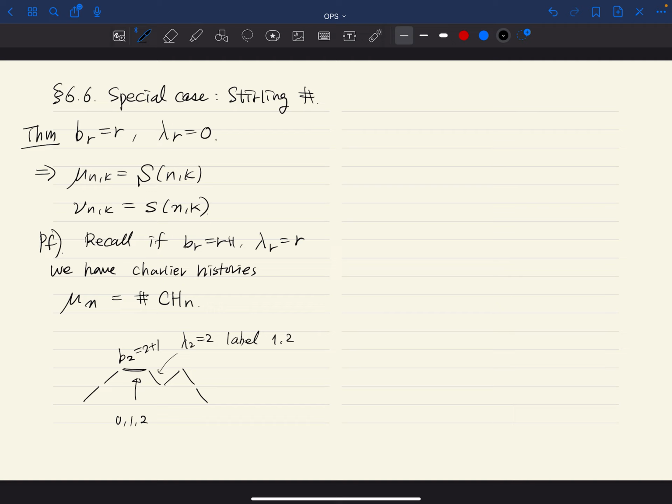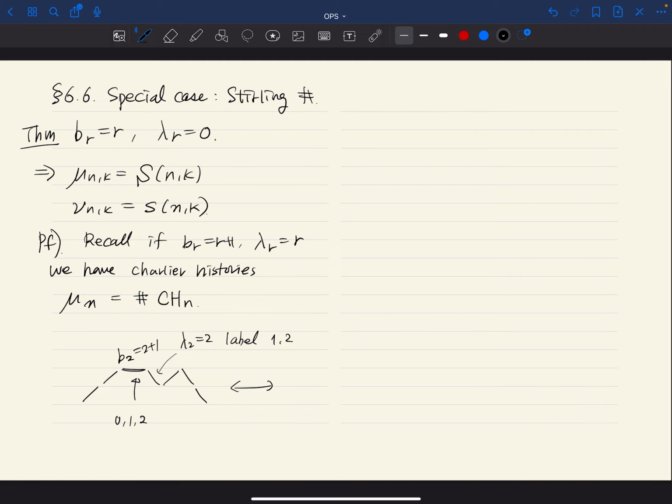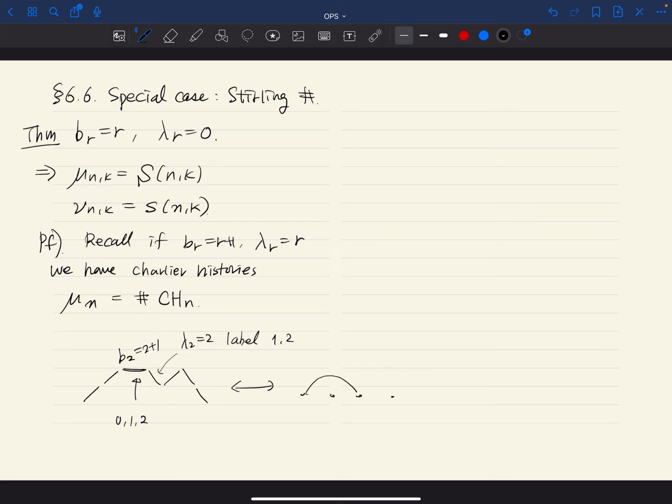And then we know that this corresponds to a set partition, if you remember. So a set partition, something like that. We may have some singleton blocks and things like that. Okay, that was something that we saw before.